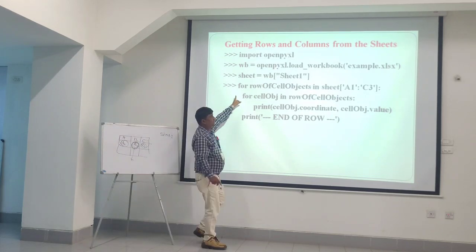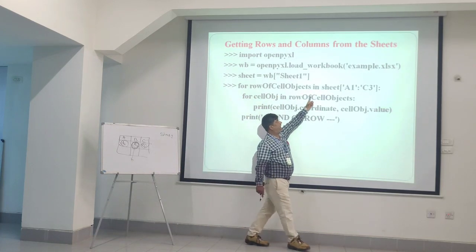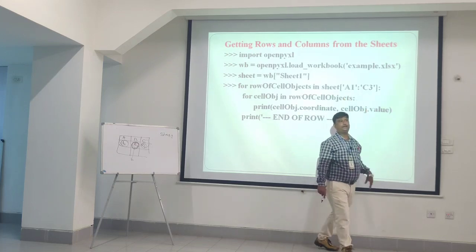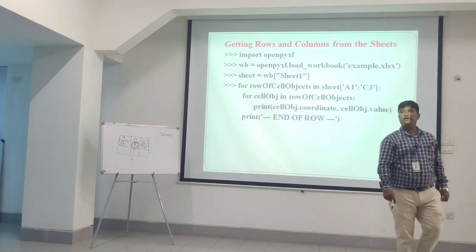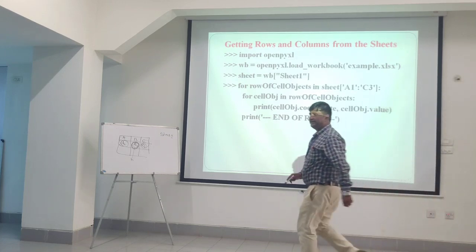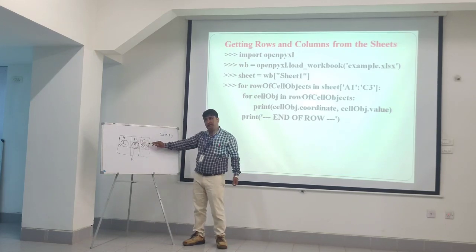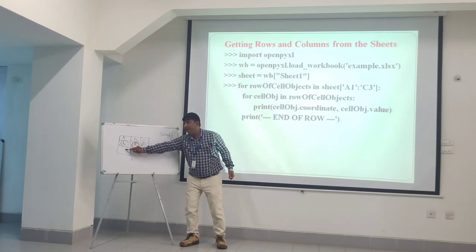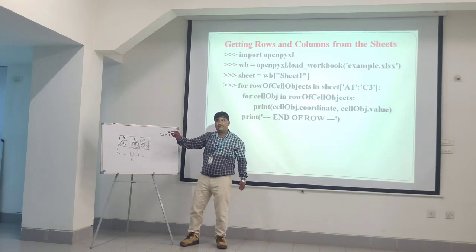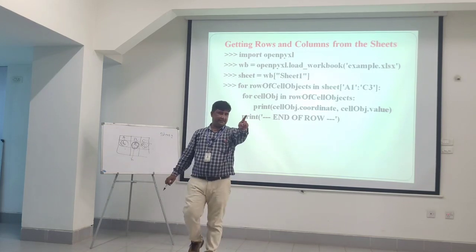Next, for row of cell objects in sheet, I am taking A1 to C3. This is very very important. A1 to C3 means, from this diagram, A1 B1 C1. Next A2 B2 C2. Next A3 B3 C3. How many cells' information am I reading? 9 cells.